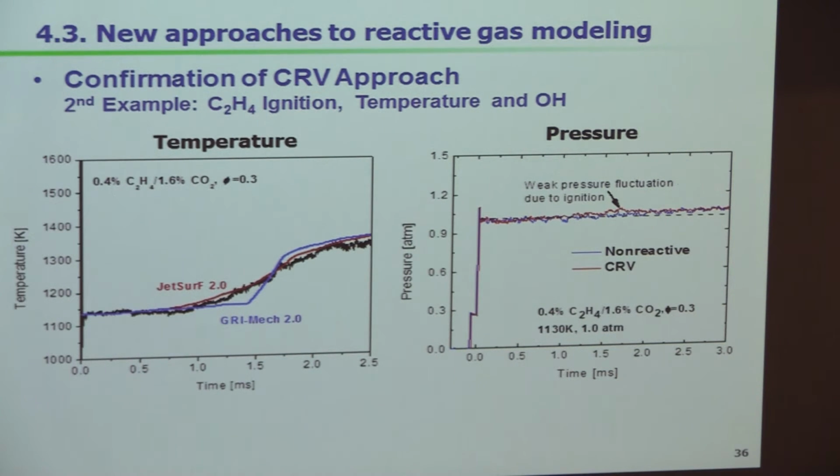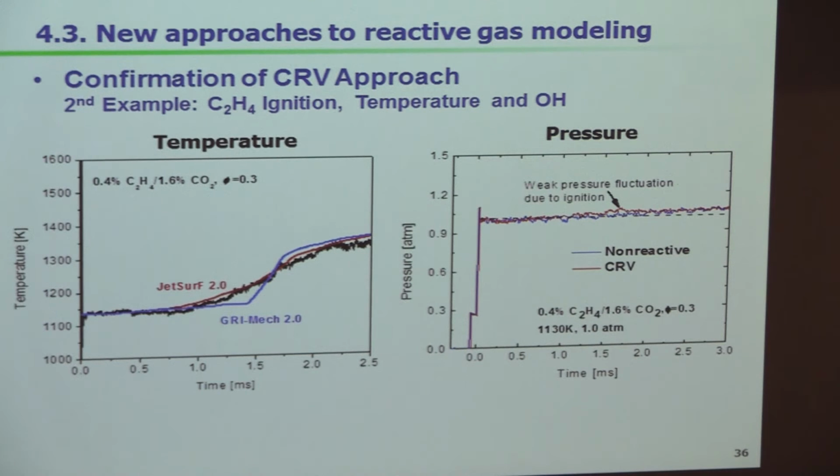So if the pressure changes 0, the enthalpy changes 0. But that's the sum of the sensible and the chemical enthalpy. So what's happening is that the total enthalpy is staying constant, but as the combustion takes place, the temperature is going up and the chemical enthalpy is going down. So we're actually measuring the predictable temperature change in this environment.